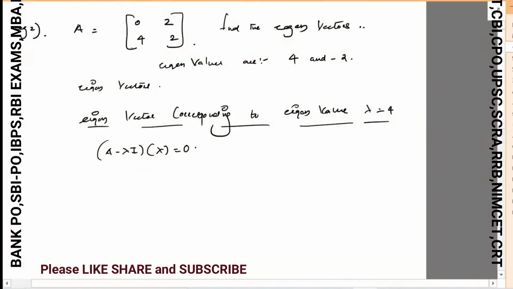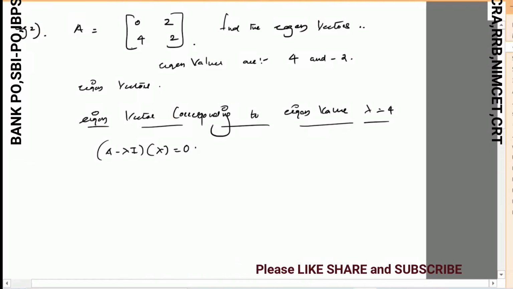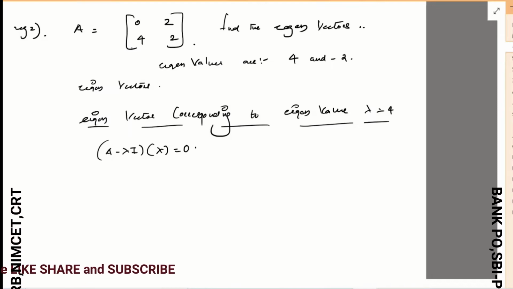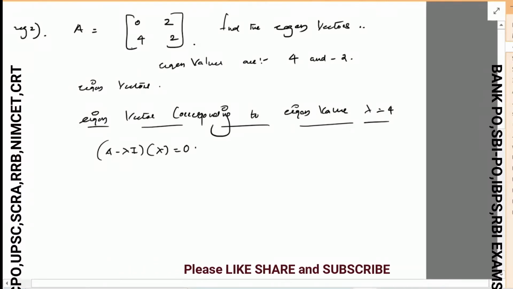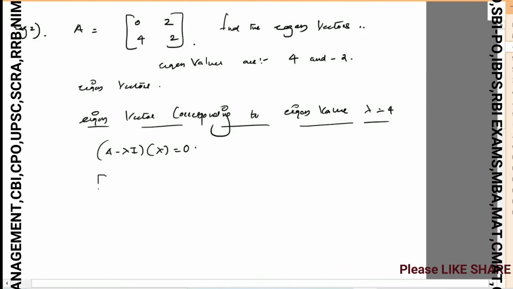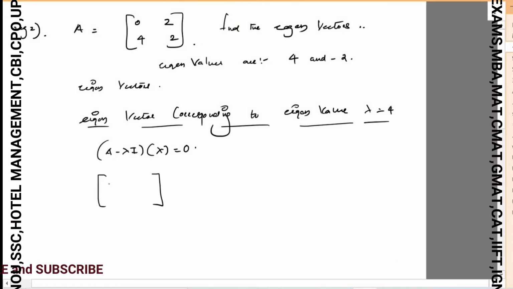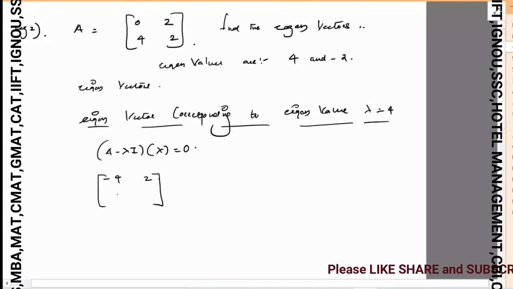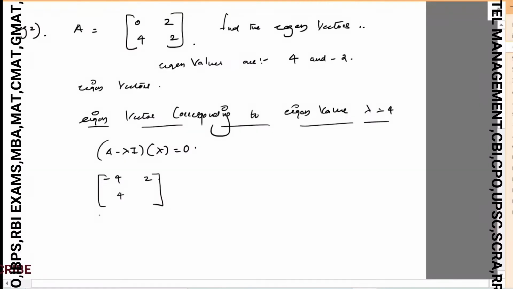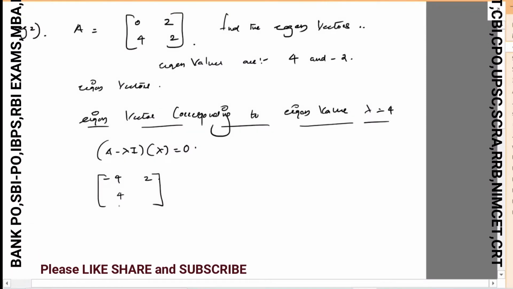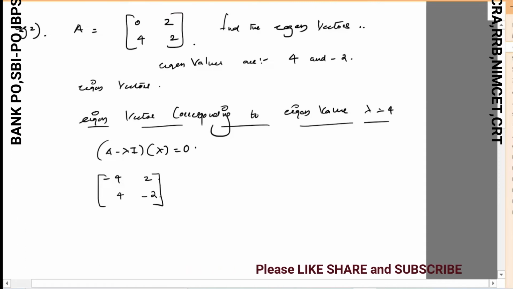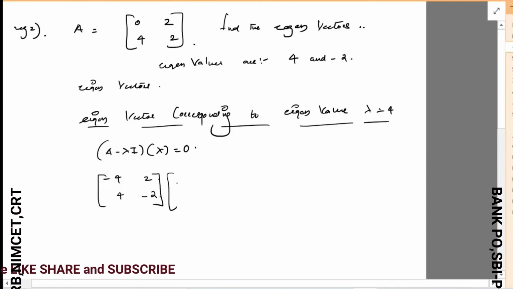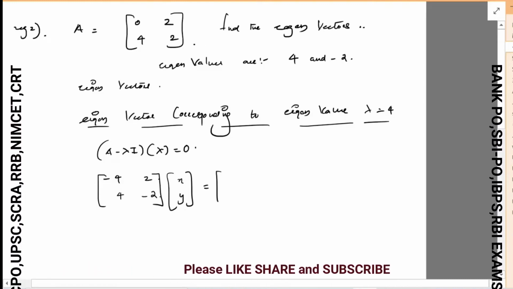A minus lambda I means subtract lambda from the diagonal entries of A. So what we will get when we subtract 4 from the diagonal entries of A? 0 minus 4, which is minus 4, 2, 4, 2 minus 4, that is minus 2. Into (x, y) equal to (0, 0).